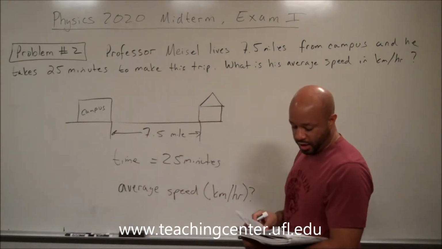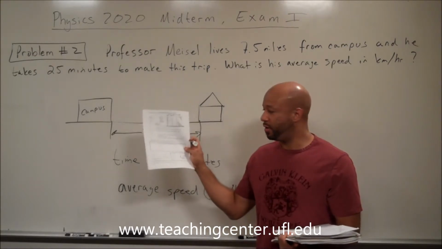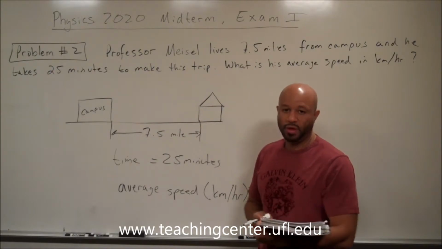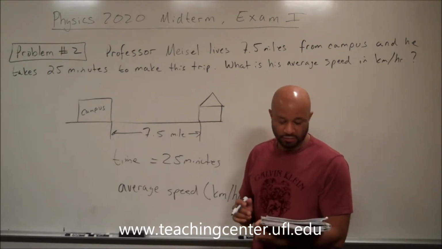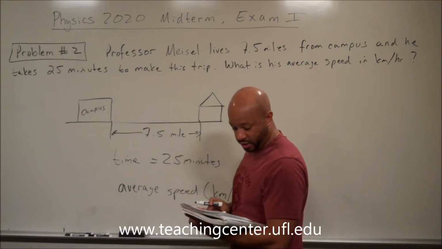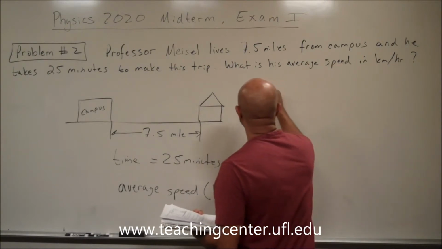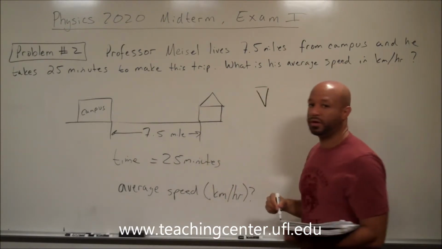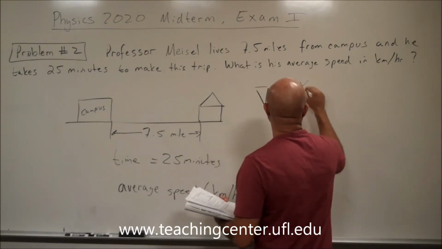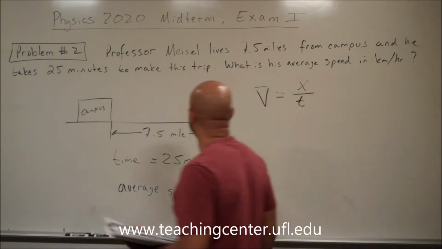Okay? And so we can look on our formula sheet here and see if we have a formula that will help us find the average speed, and in fact we do. If you look at your kinematic equations, you'll have the average speed, which we'll call v bar, is equal to your displacement, or your distance x, divided by your time t.